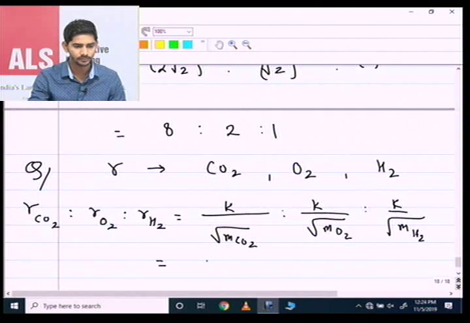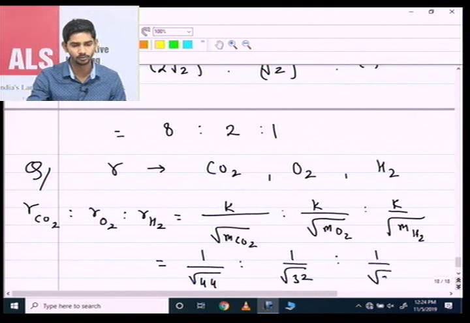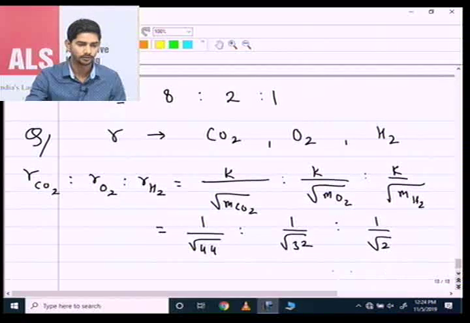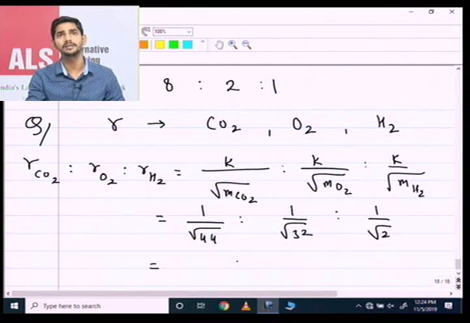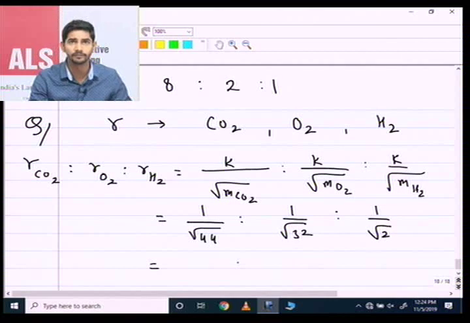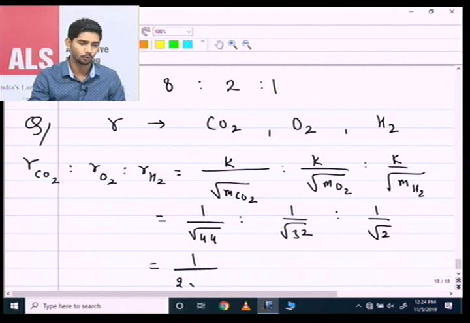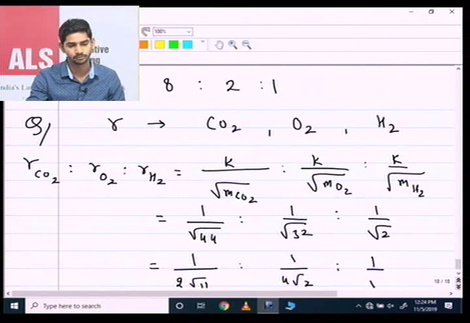See? 1 upon under the root 44 is to 1 upon under the root 32 is to 1 upon under the root 2. First of all, try to solve the roots. Or the best thing, you can just take the square of everyone. If you can't, then you have to solve like this. This is your 2 root 11 upon 4 root 2 is to root 2.